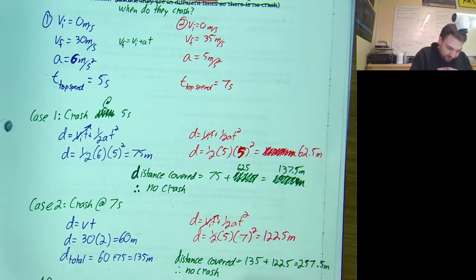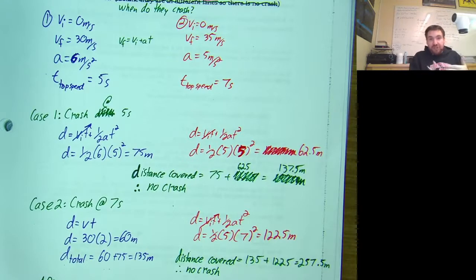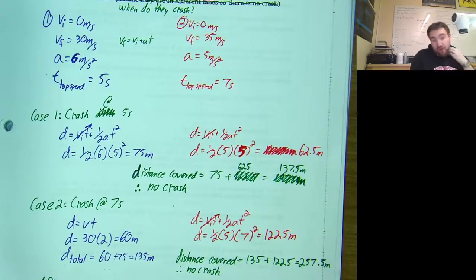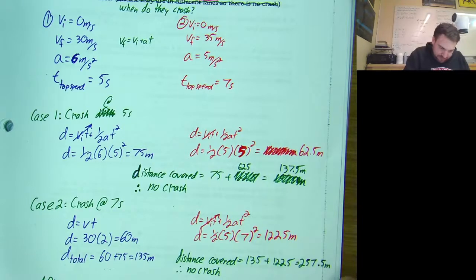V relative. Because they're heading towards each other, we're going to sum them up. The relative velocity is going to be 30 plus 35 equals 65 meters per second. And we want to know how long it's going to take them to cover the 42.5 meters between them. So t equals d over v.